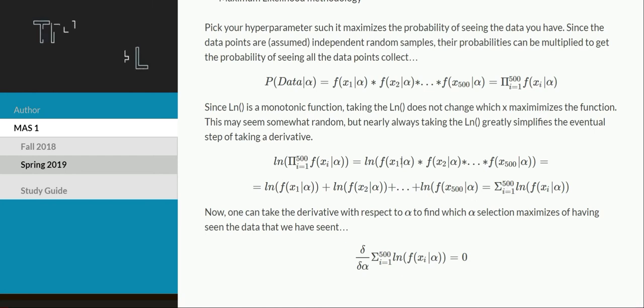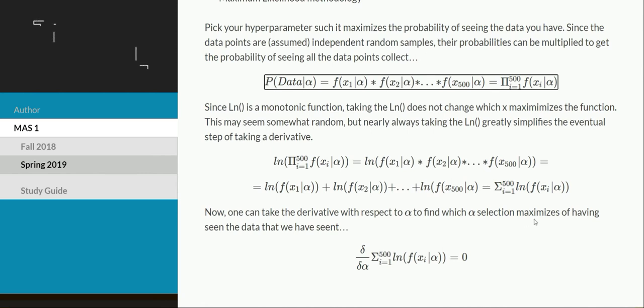So now we can just rewrite all of this as the summation of the natural log of the PDFs from 1 to 500 given some alpha. So this is a version of the probability of the data given some alpha, and then if we want to maximize this, we can just take its derivative with respect to alpha, set it equal to 0, and find what alpha maximizes that function.